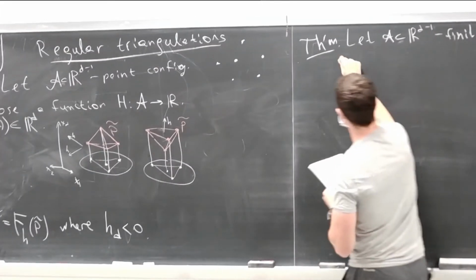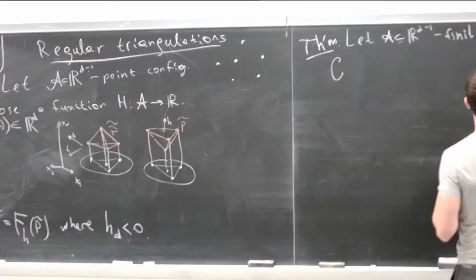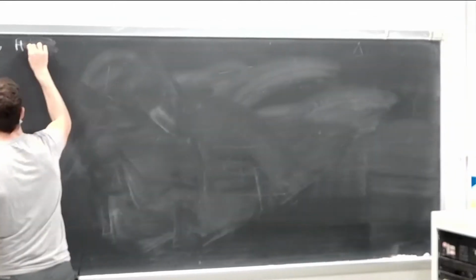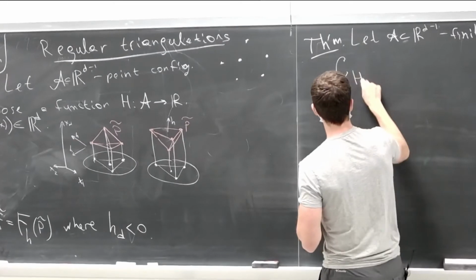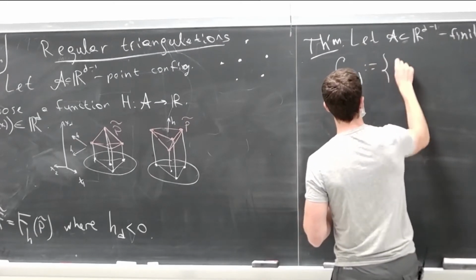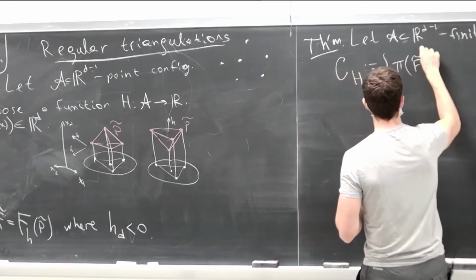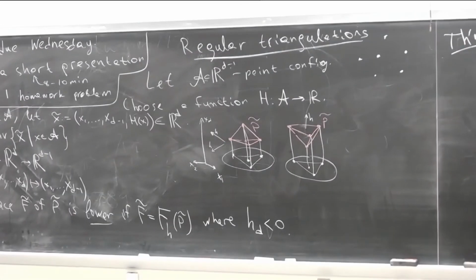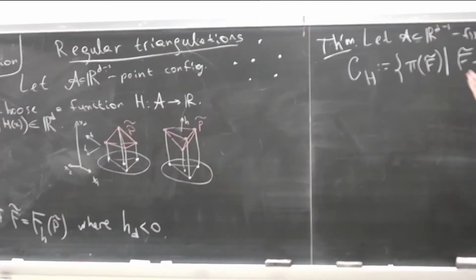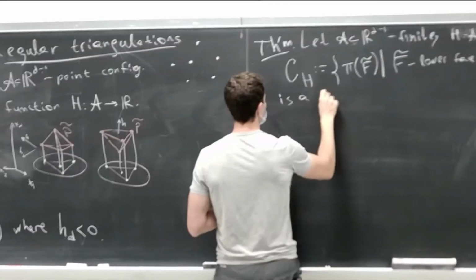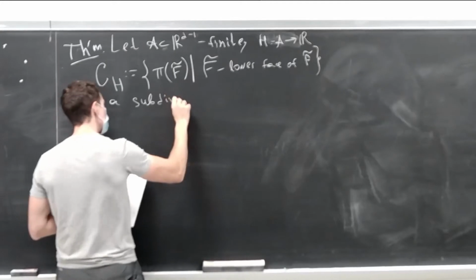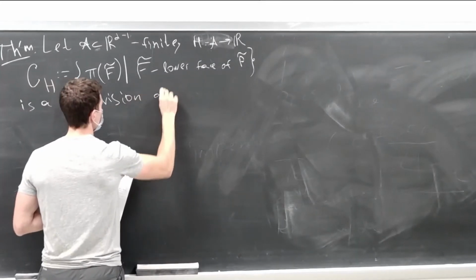I want to take C sub h, where h is some function from A to R. I'm going to define C sub h to be the set of all phi of F tilde, where F tilde is a lower face of P tilde. This collection of polytopes is a subdivision of A.